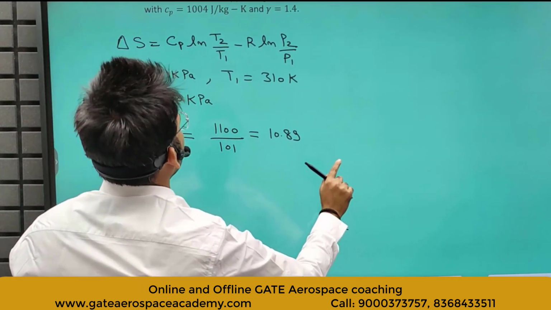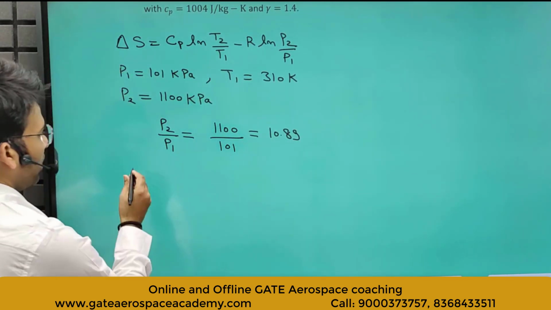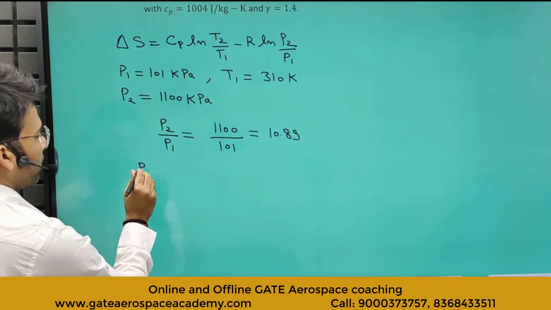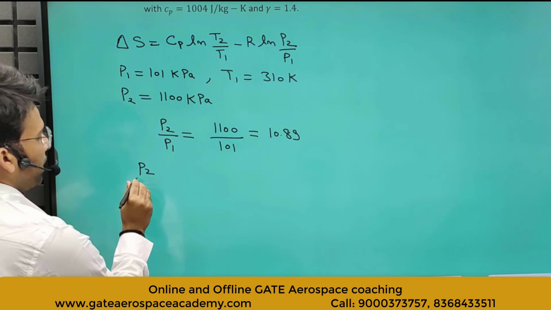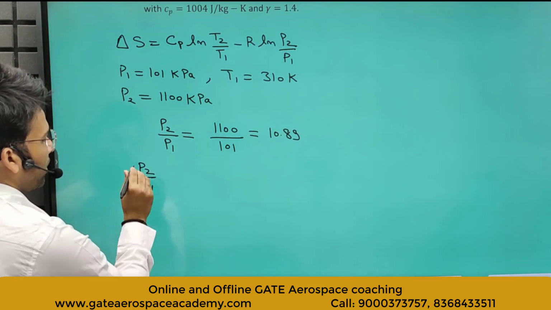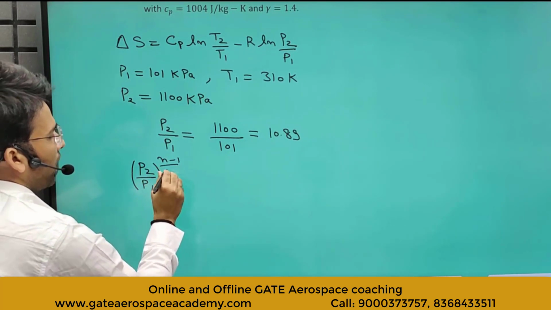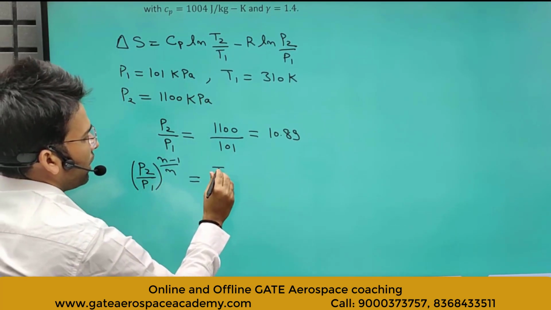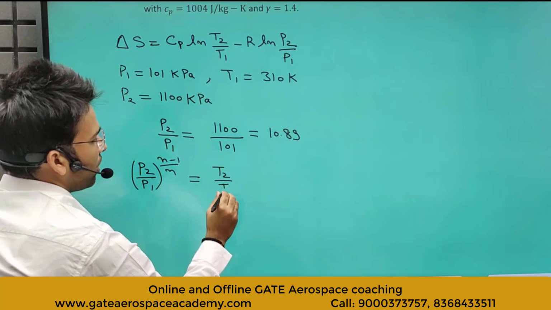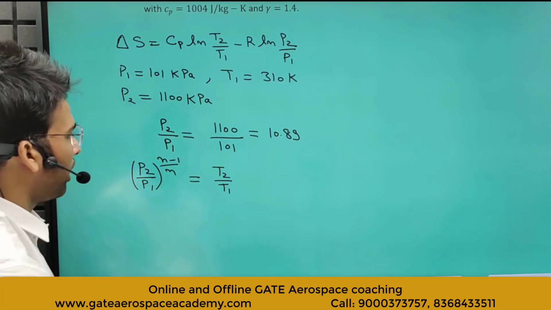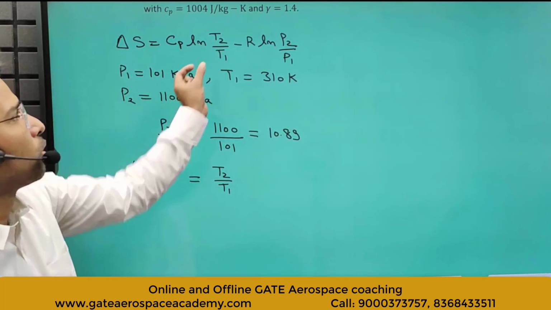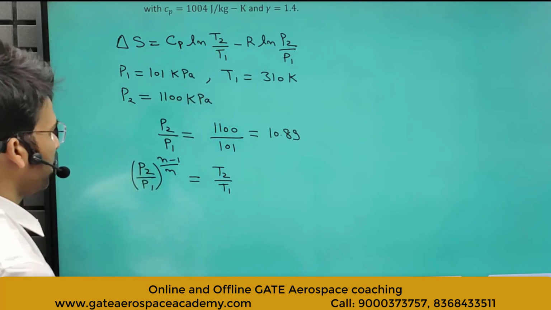Now we need temperature ratio. So we know that P2 by P1 power raised to n minus 1 upon n is equal to T2 by T1. So from here we can find out this ratio T2 by T1 so that we can substitute here, right?